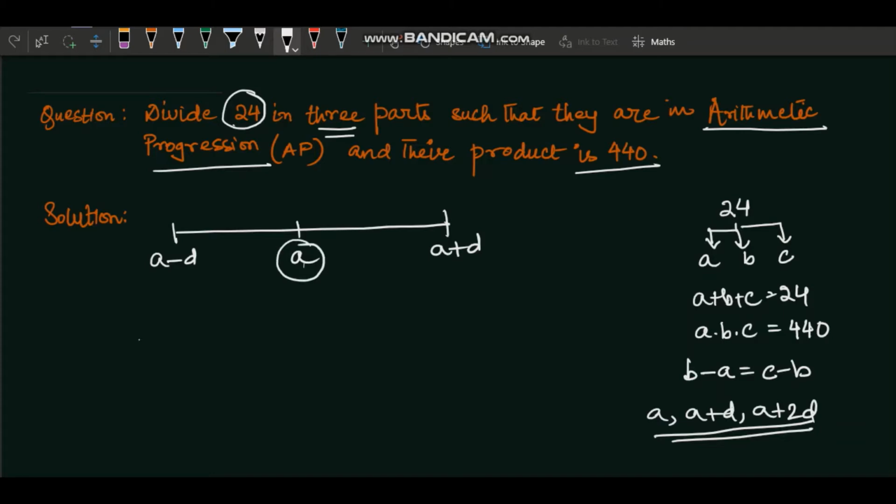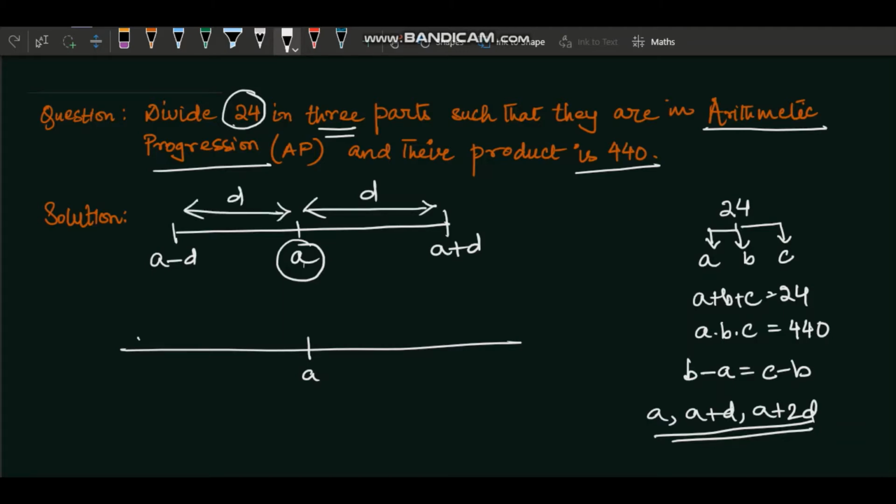Suppose you have to divide this into 5 parts. Then you take the middle number as A and take the common difference as D. You see, the difference between successive numbers is D, right? Now if you take the middle number to be A, there are 2 numbers before A and 2 numbers after A and the common difference remains as D. So the number just after A should be A plus D and the number just before A should be A minus D, right?